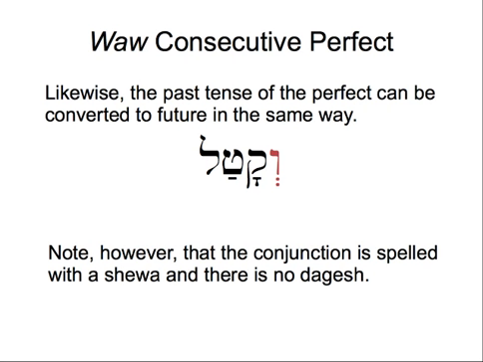And so there's not really a way to differentiate between the Waw consecutive perfect and a plain old Waw plus perfect that would indicate just a conjunction and a past tense verb. The nice thing is, Logos will always be there. Our English translations will always be there. Context will help us understand what these verbs are doing within the Hebrew text.